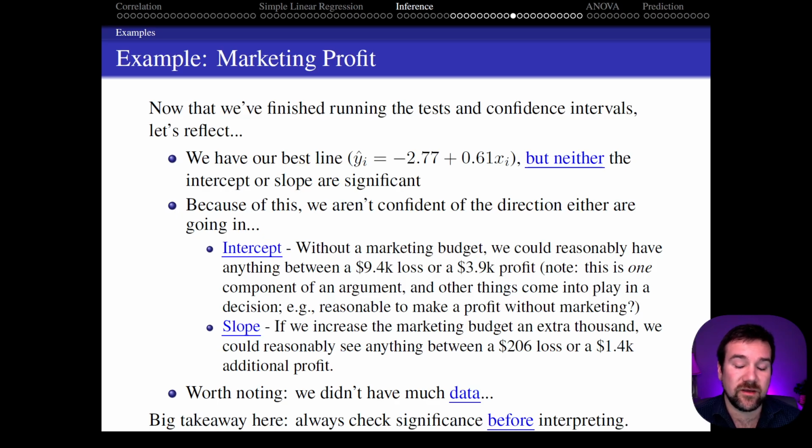And again, this is what I mean in this last line when I say it's important to check significance before interpreting. The wrong interpretation is looking at the top bullet and thinking that that's enough information to make a conclusion. What our significance tests tell us is actually that is not enough information to make a conclusion.